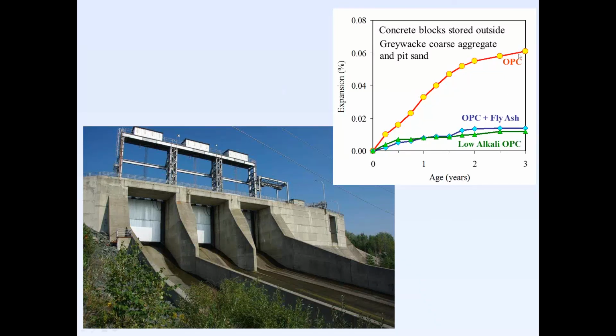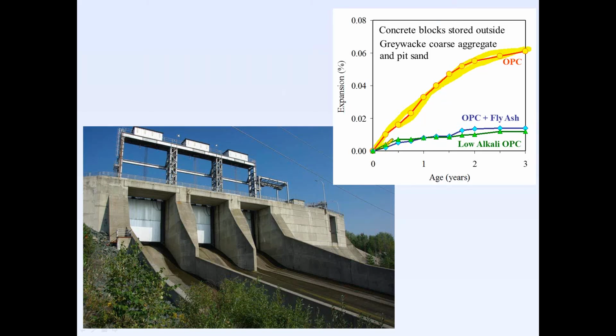They had a little bit of luxury of time, and they had about 3 years to be able to experiment with different options prior to construction. They built some blocks and put them in their lab. And you can see here, this is the expansion of the concrete with a straight Portland cement mix.